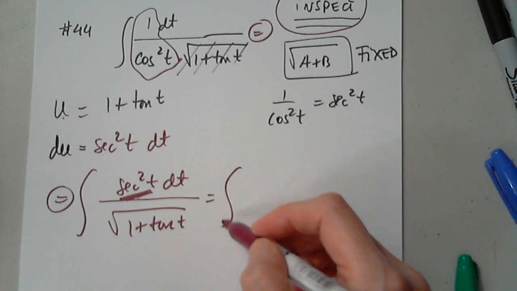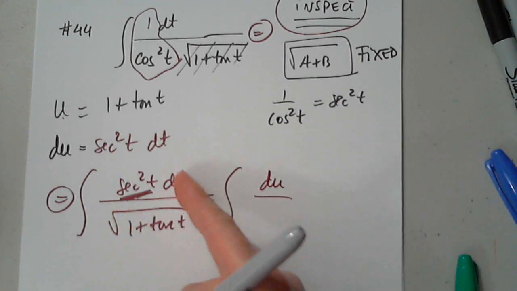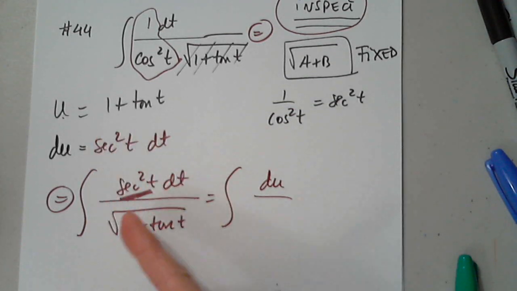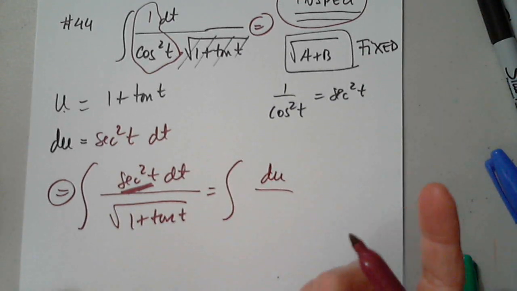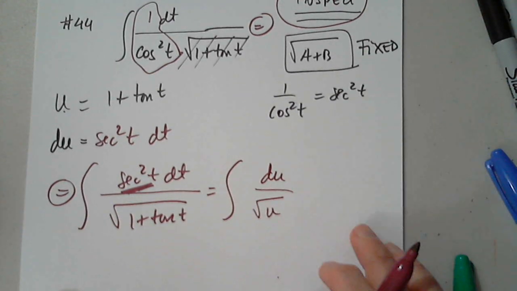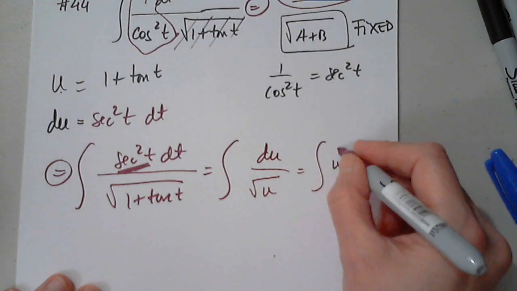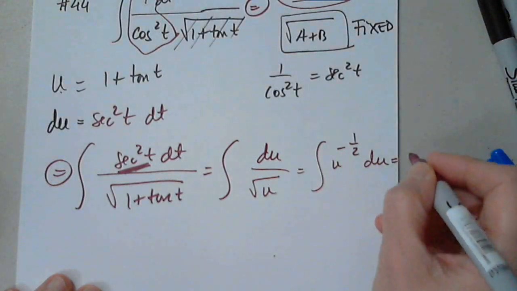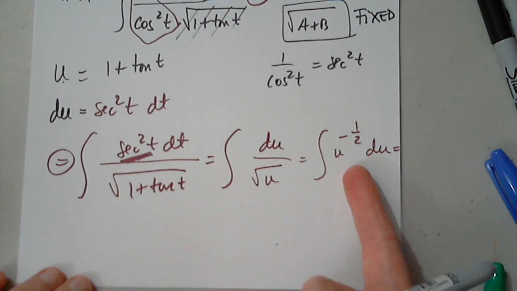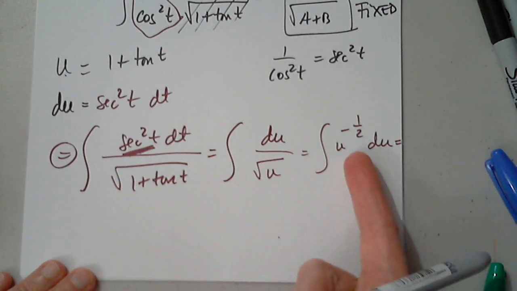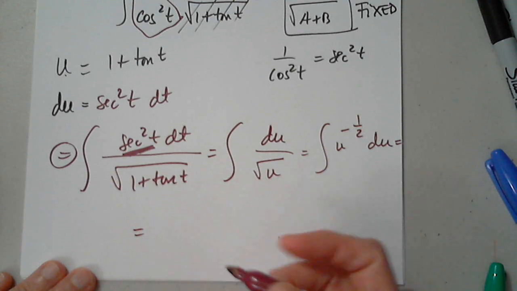So this whole integral becomes du at the top. I don't even have to fudge a little number, divided by the square root of u. And this is the integral of u to negative 1/2 du. Why do I need this? Because I don't know what I'm going to get, but if I change it into a power, this is easy now.